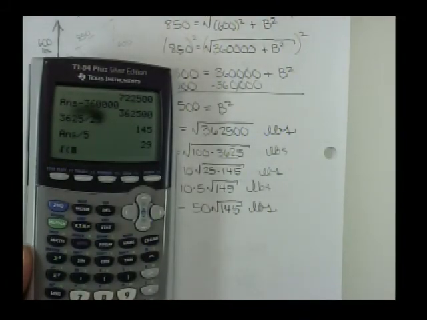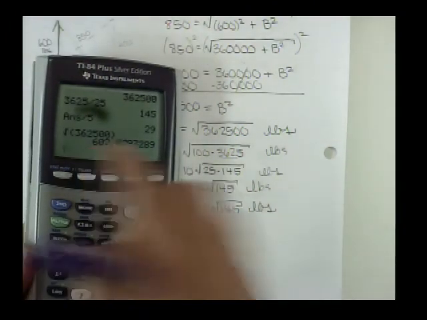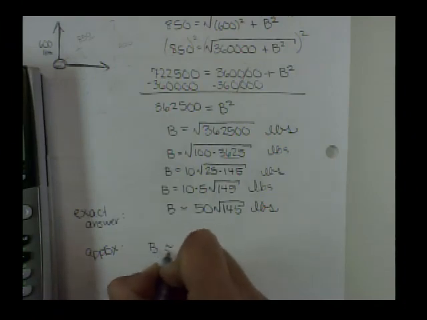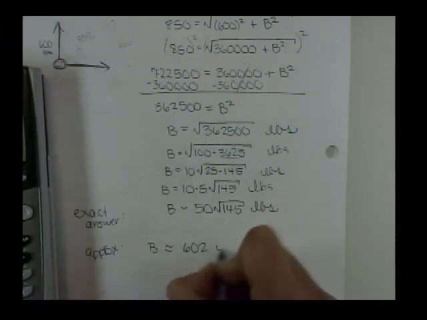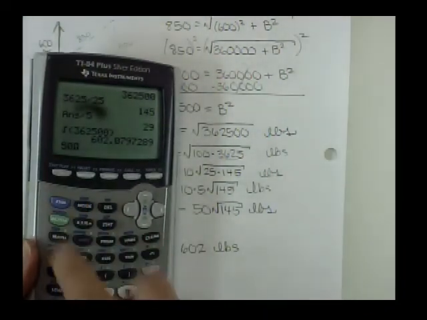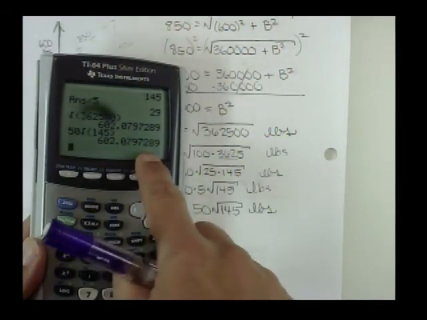Square root of 362,500 is about 602. Now if we did it this way, 50 times the square root of 145, yep, you get the exact same answer.